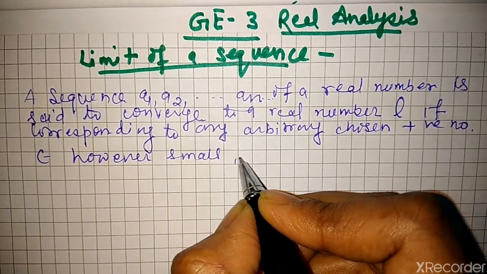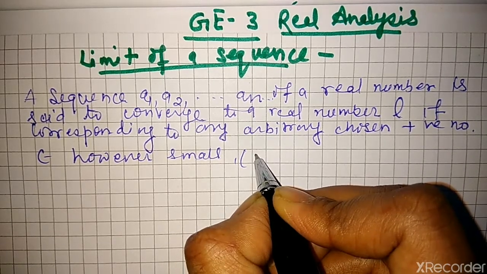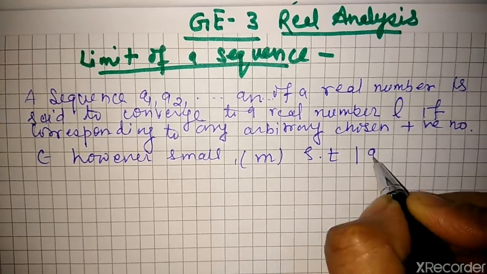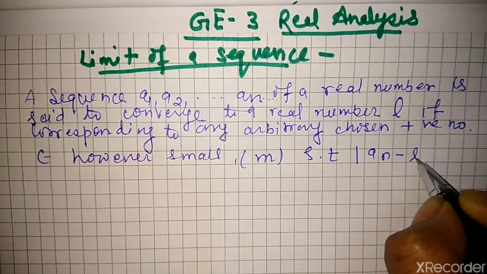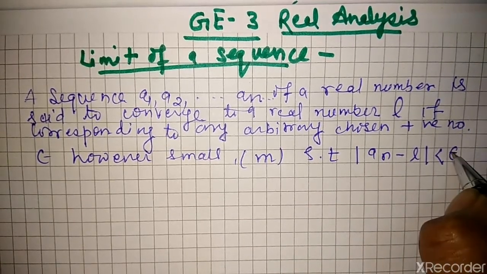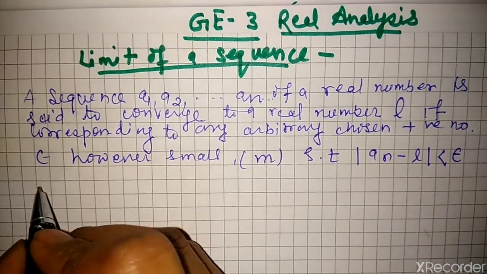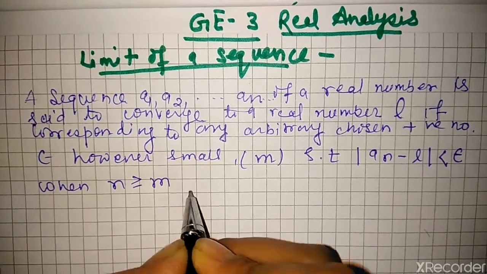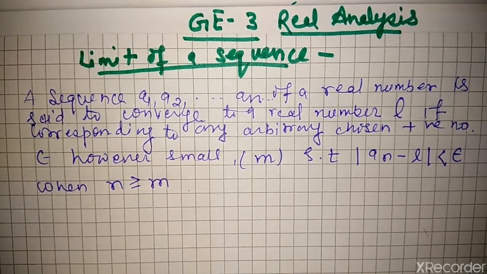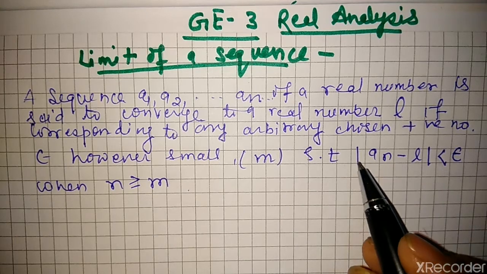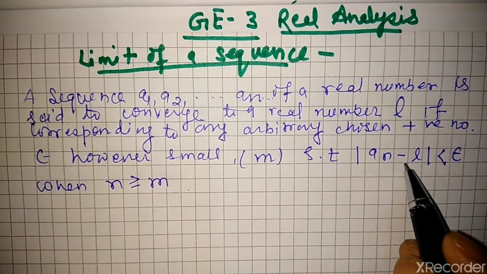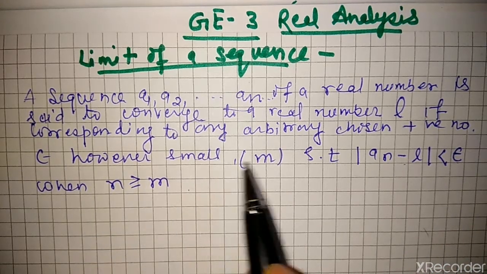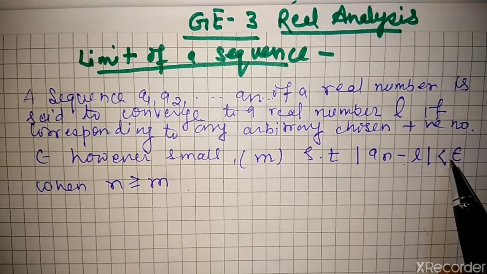there exists a small m such that mod of an minus L is less than epsilon when n is greater than or equal to m. And epsilon is however small, very very small.